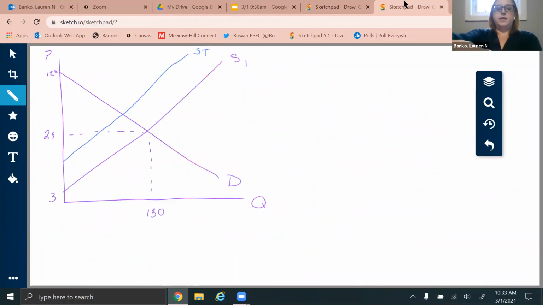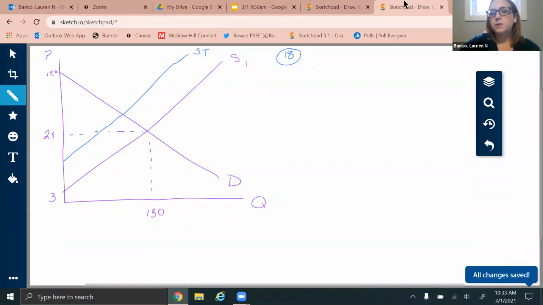Now I'm going to switch here and look at the tax. So we have an $18 tax on sellers per unit. And really, this is what we're going to be doing as examples in this class and on problem sets. This is going to be a per unit tax, and it's going to be placed on sellers.